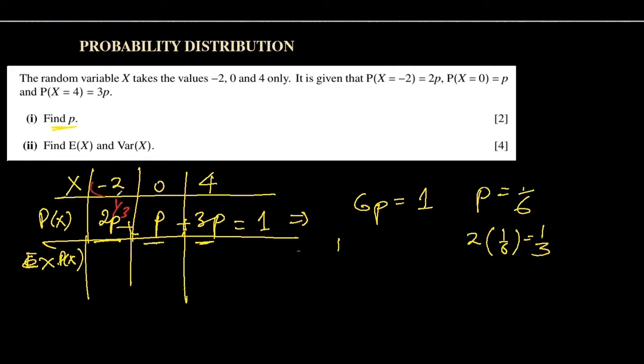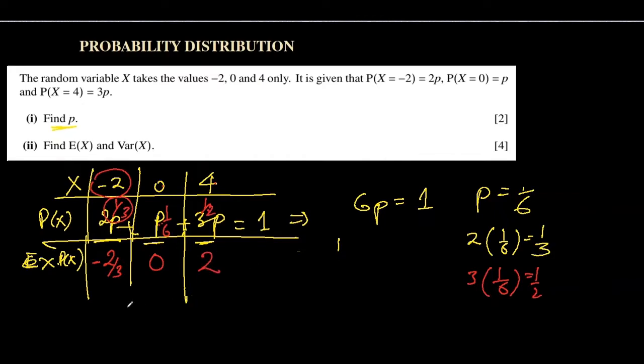So, minus 2 multiplied by 1/3 is minus 2/3. 0 multiplied by anything is 0, though it is 1/6, yeah? 3p means 3 times 1/6, and that will be half. So this is half here. So 4 multiplied by half is 2.